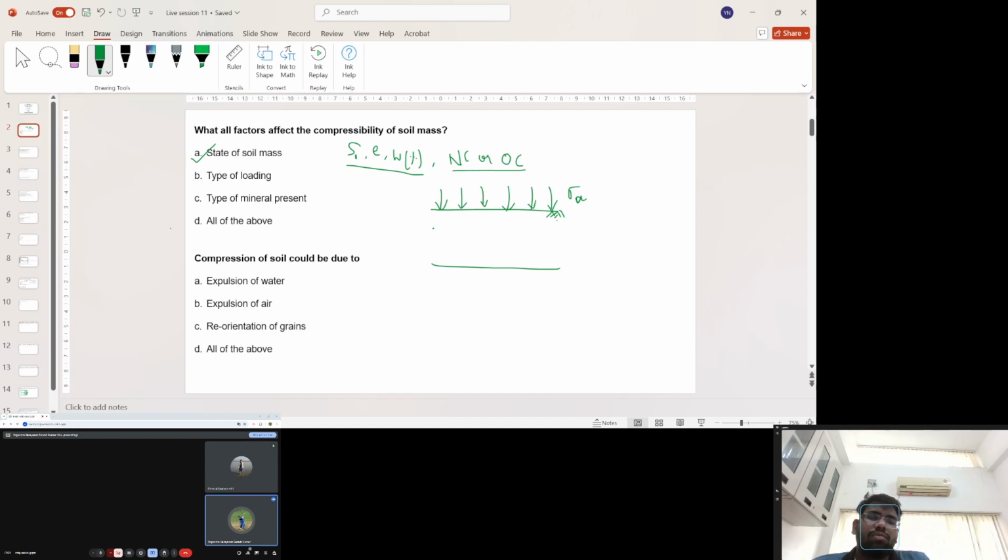What about if we remove the load? Let us consider a situation where the soil up to this level is excavated.